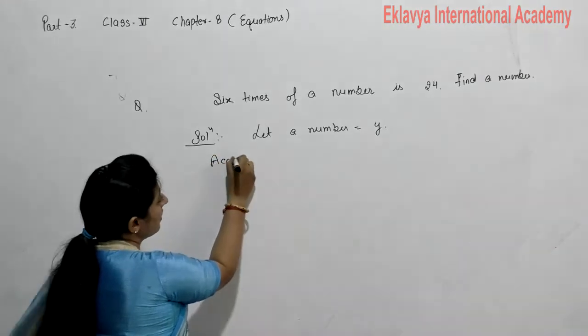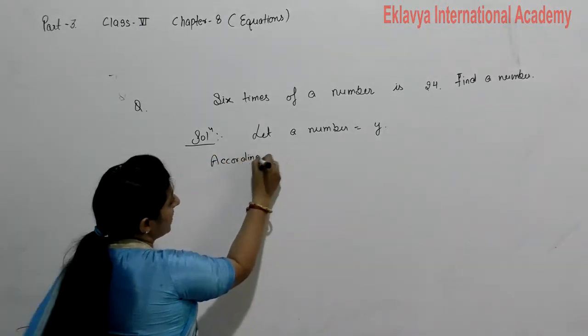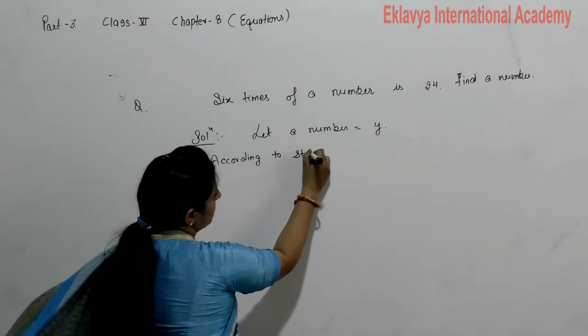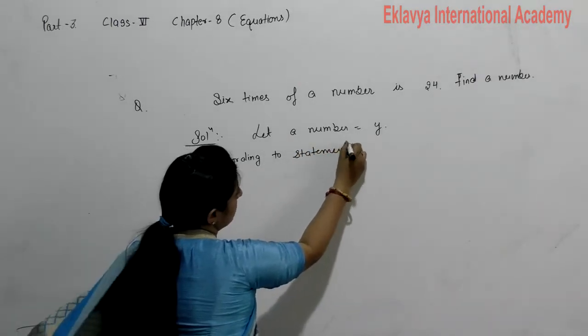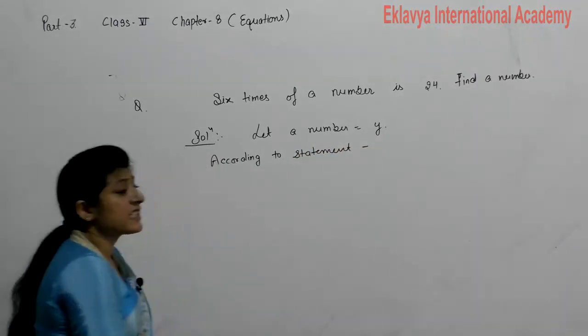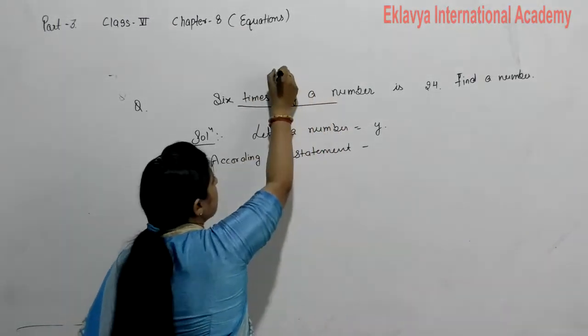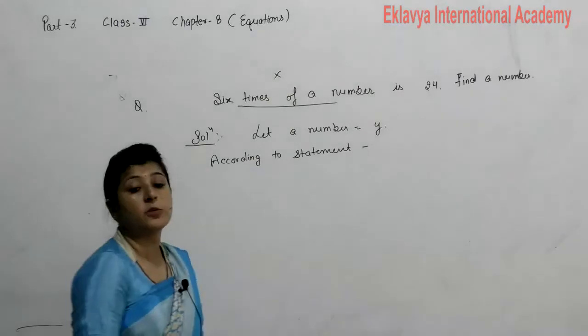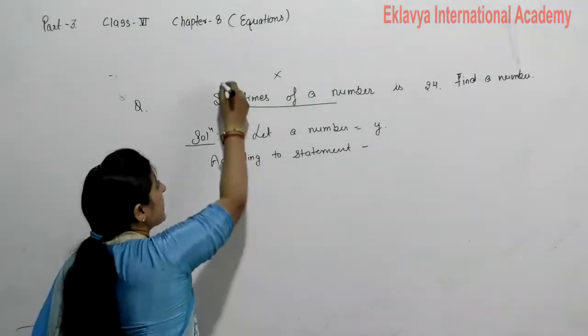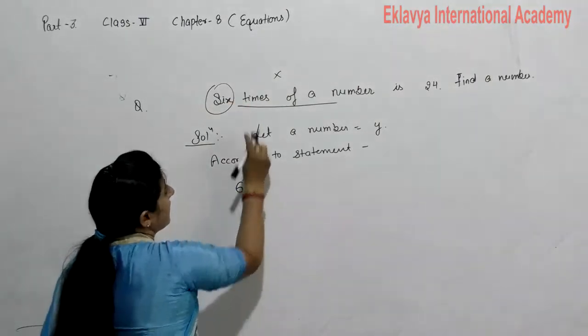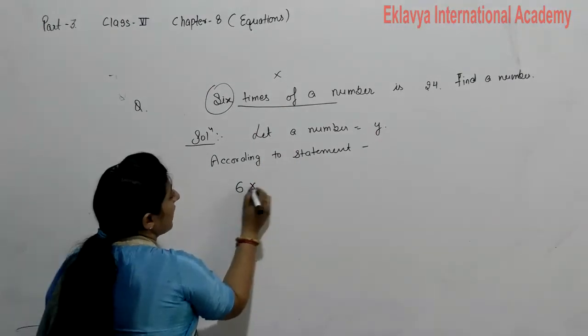Now according to the statement, 6 times of a number. In the 7th chapter you already saw that times means we have to do multiplication. 6 times multiplied by a number.